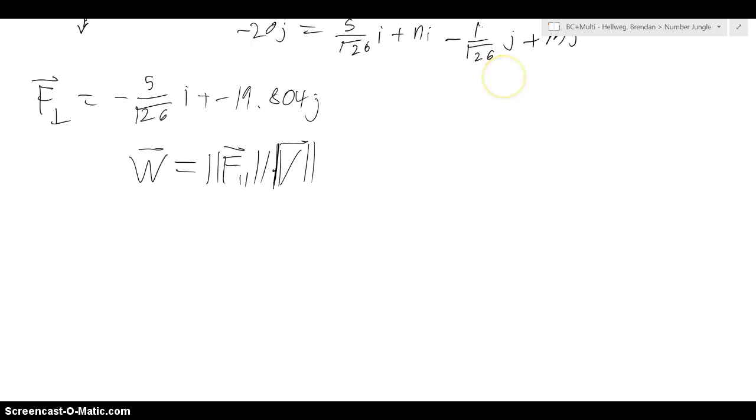So going down where we have space, that will be equal to 1 times the square root of 26, which is equal to the square root of 26. And that is the quantity of work that is completed. Generally, that's measured in joules.